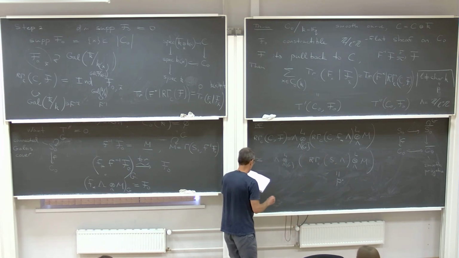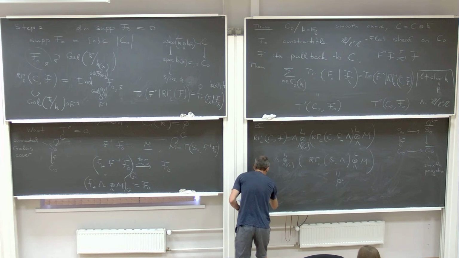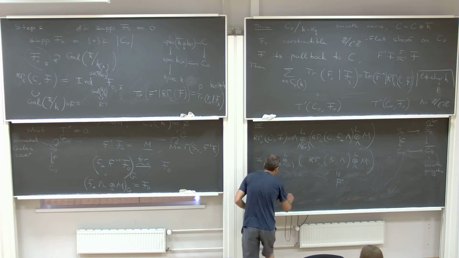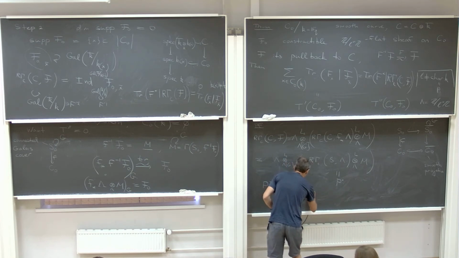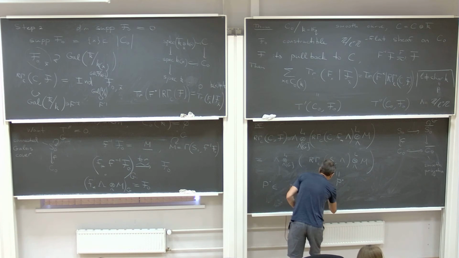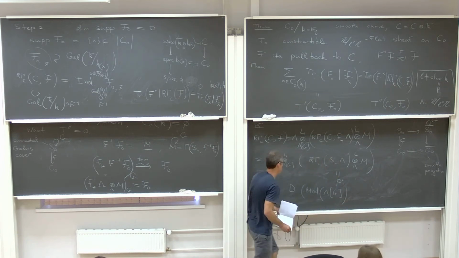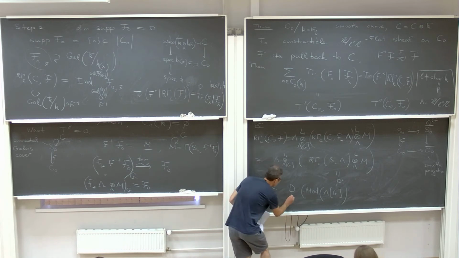So I claim that this P, so that's an object of the derived category of modules over lambda of G, but I claim that this is perfect.